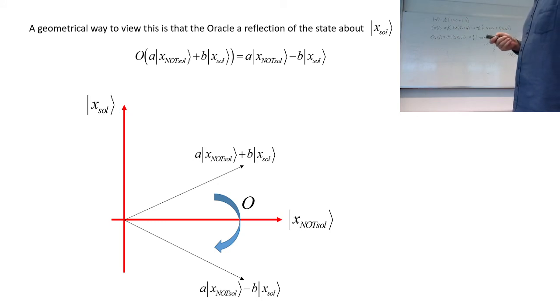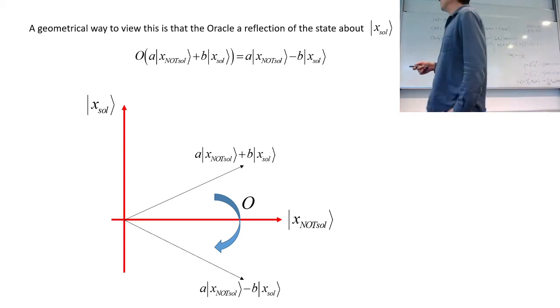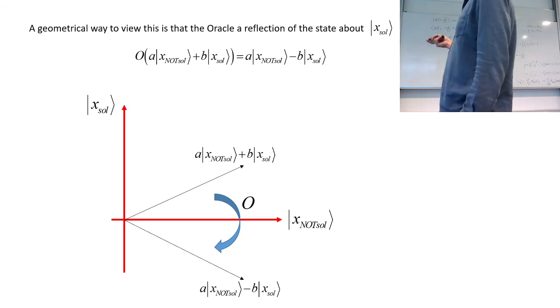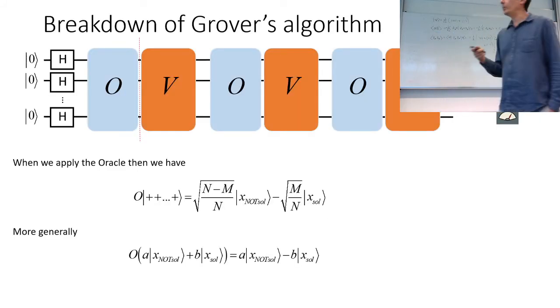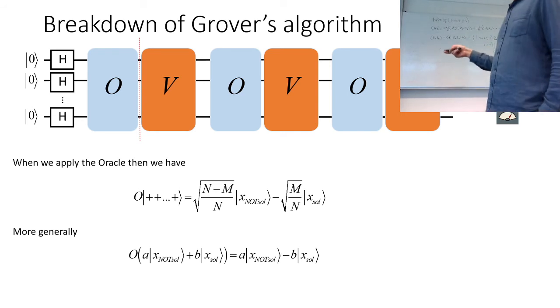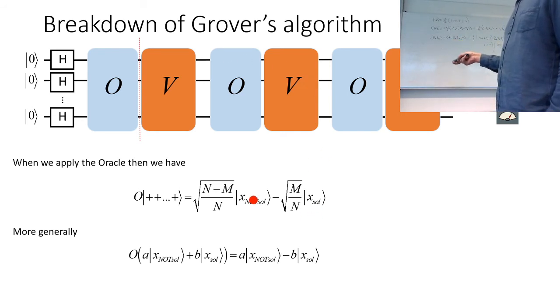I guess it's sort of done by analogy, this argument. But the first thing is to look at the oracle, right? So for the oracle, what we did was first write it in this new basis of solutions and not solutions.